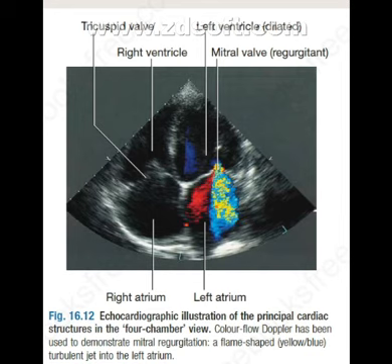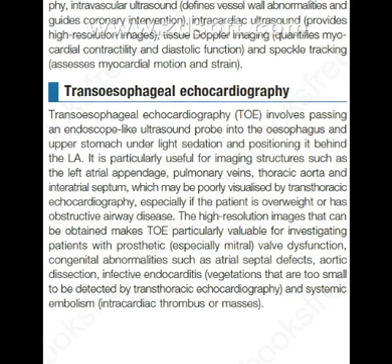Now we will discuss transesophageal echocardiography. Transesophageal echocardiography involves passing an endoscope-like ultrasound probe into the esophagus and upper stomach under light sedation and positioning it behind the left atrium.